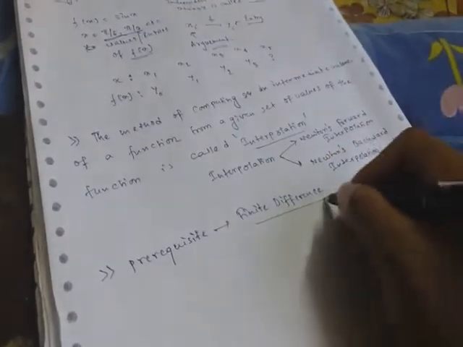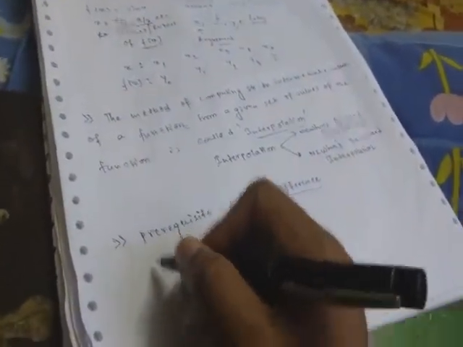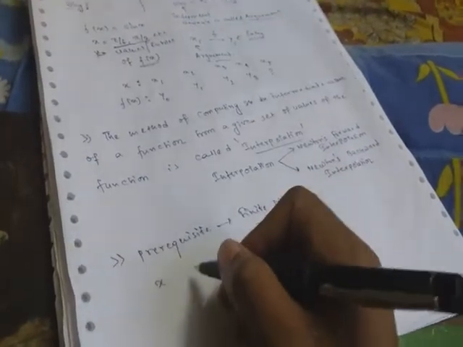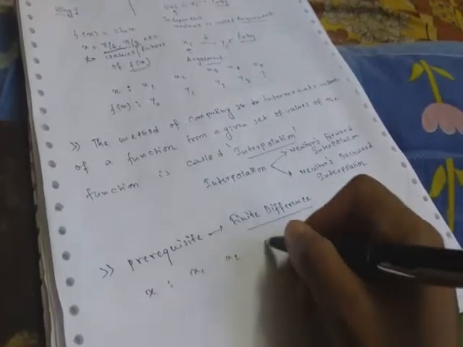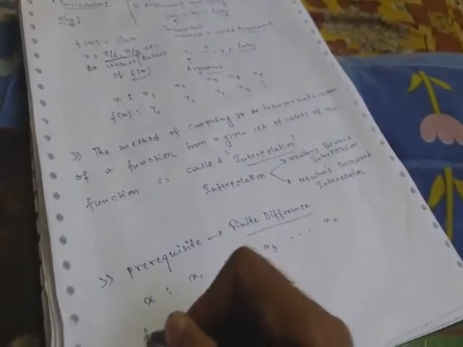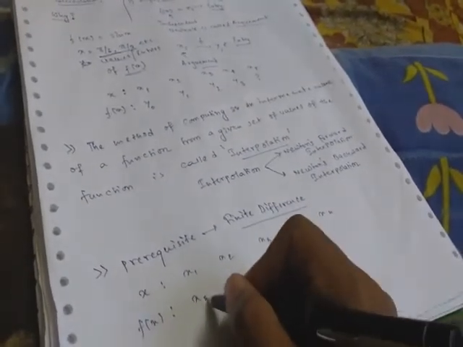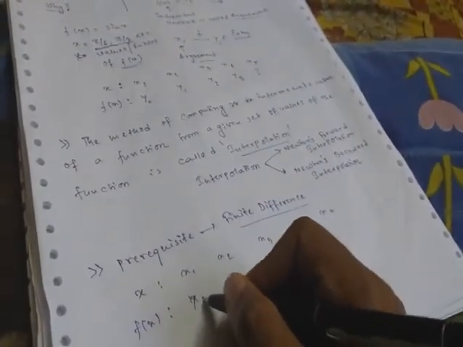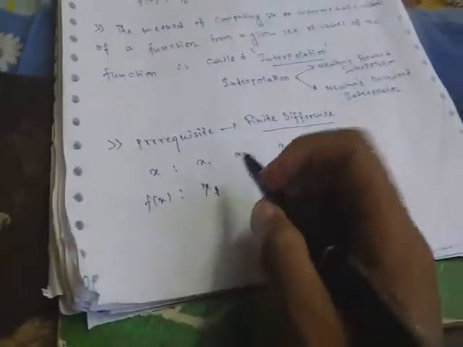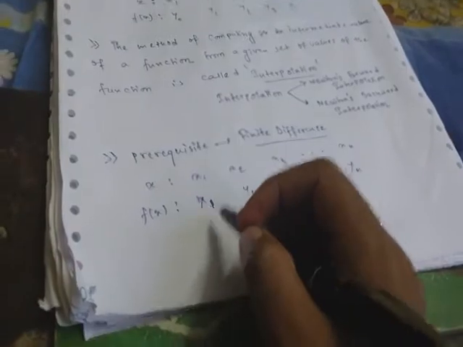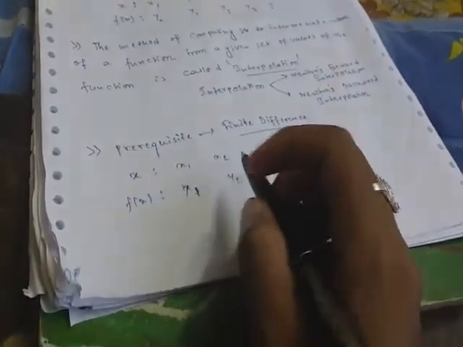So what is a finite difference? Suppose we have been given some arguments and the corresponding entries. The finite difference is nothing but the difference between the successive entries.